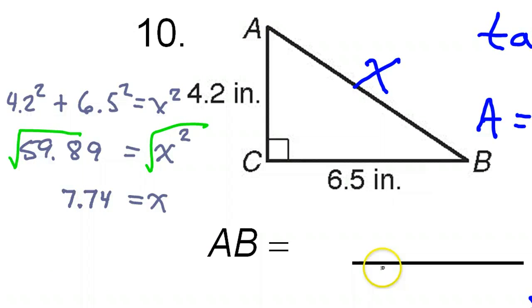So that is AB, 7.74 inches. Let's put those units on there. And that's how you do number 10.